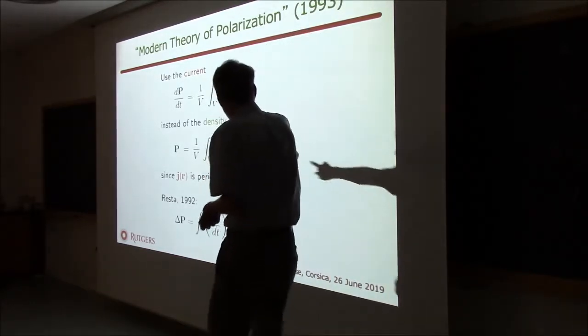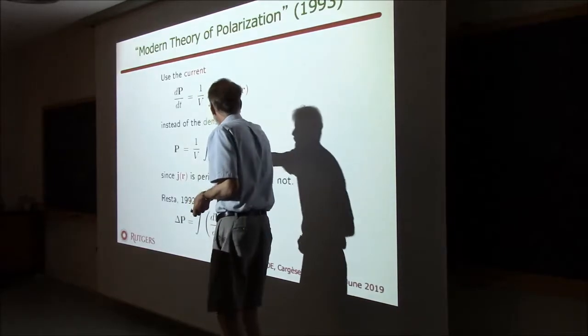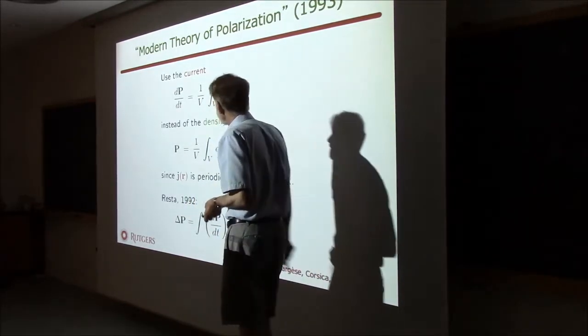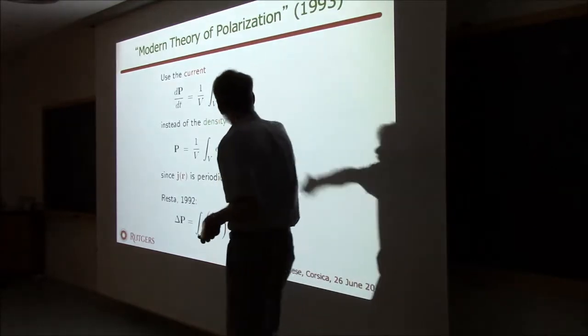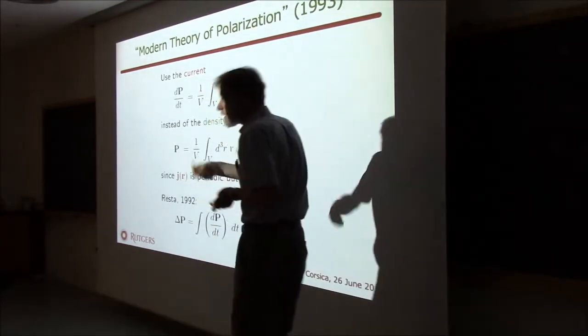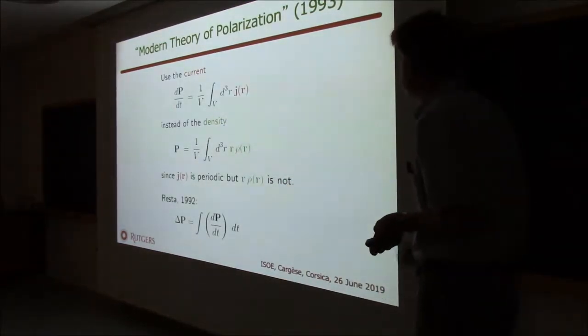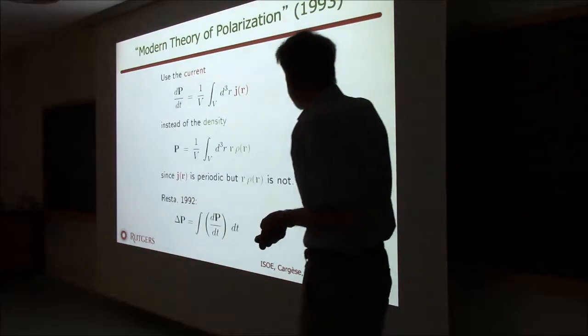And the problem here was that this kind of integral is not well defined in the periodic system, because r times rho of r is not a periodic function of space. But this current density, J of r, is a periodic function of space, and so it's possible to average it over one unit cell in this way without any ambiguity.